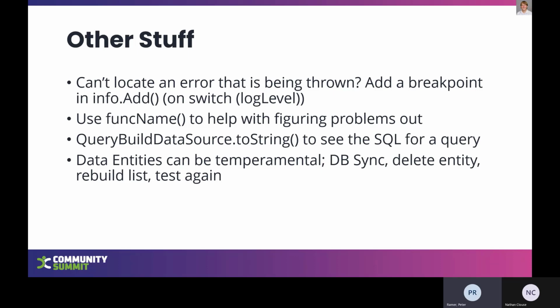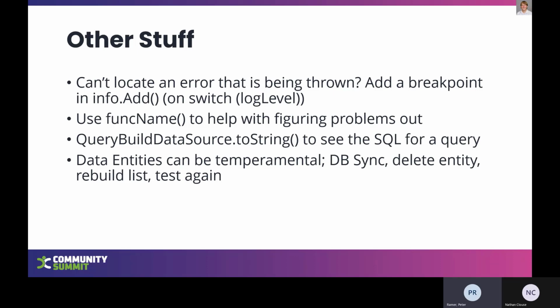You can use funcName to help print out the name of a function. You can use queryBuildDataSource toString to see the SQL for a query, or at least SQL-like code. And that's really useful to understand why my SQL is not working.